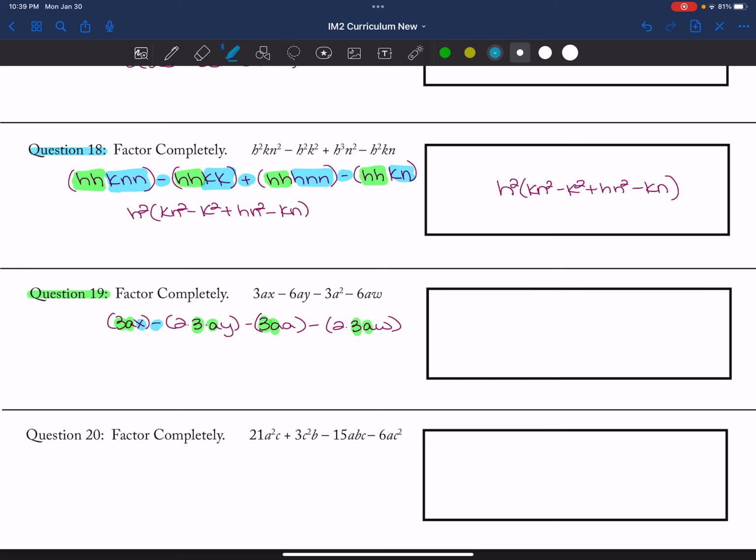So an x, a negative 2 and a y, a negative a, and a negative 2 and a w. So 3a is what comes out. I'm left with an x minus 2y minus a minus 2w.